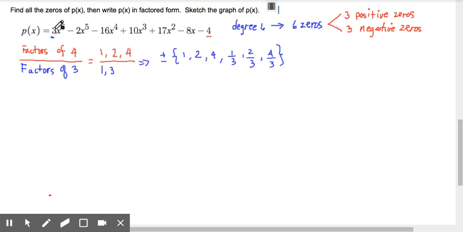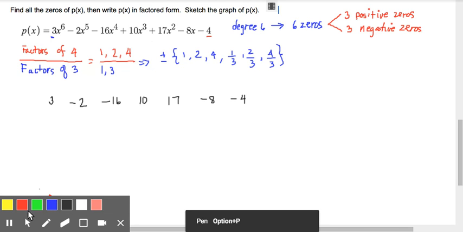So coefficient of x to the 6th is 3. Of x to the 5th is negative 2. Of x to the 4th is negative 16. Of x cubed, it's positive 10. Of x squared, it's 17. For x, it's negative 8. And our constant term is negative 4.